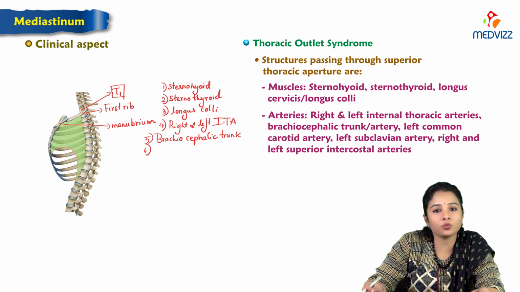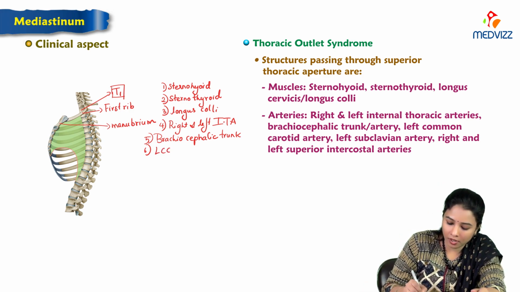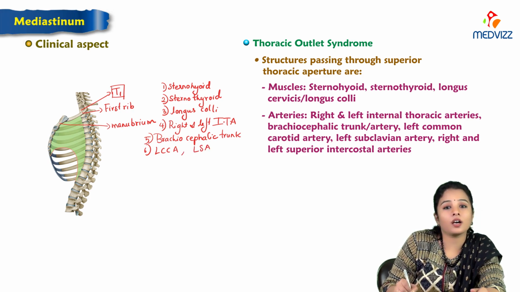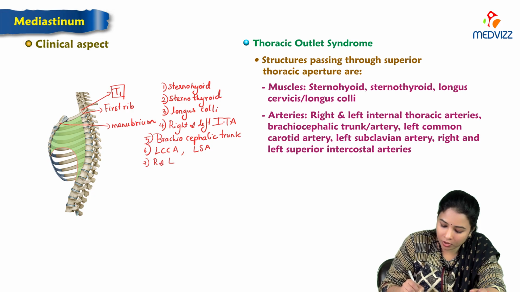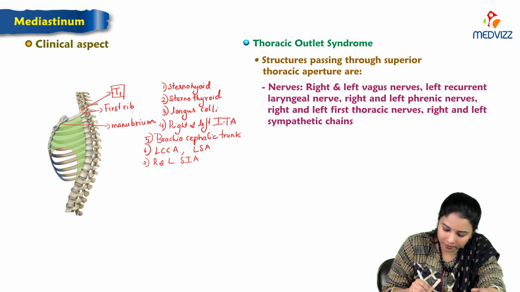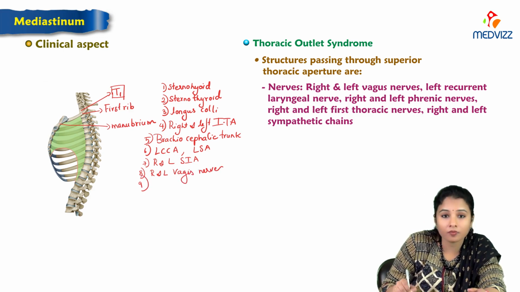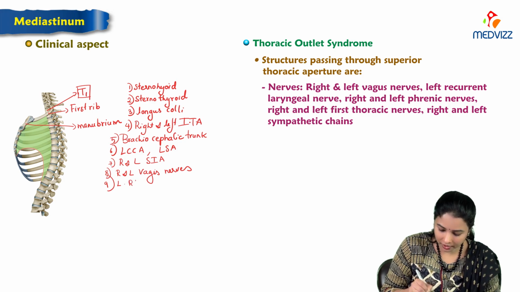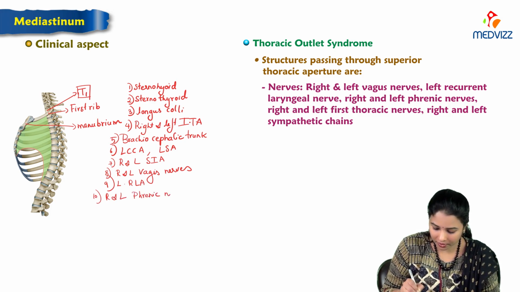Then the structures passing through the superior thoracic aperture are left common carotid artery, left subclavian artery, and right and left superior intercostal arteries, and the nerves are right and left vagus nerves, and left recurrent laryngeal nerve, right and left phrenic nerves.